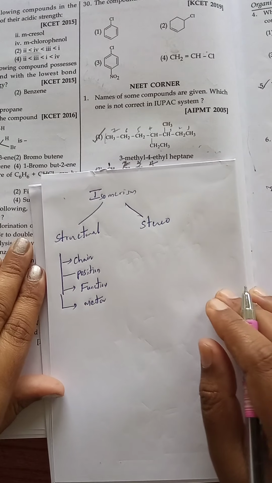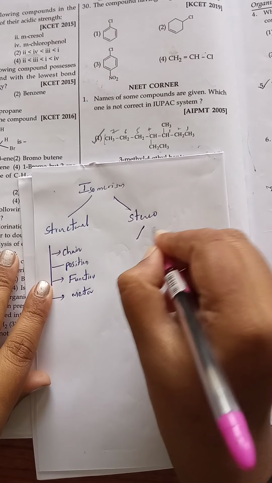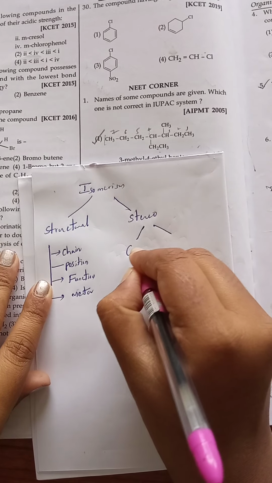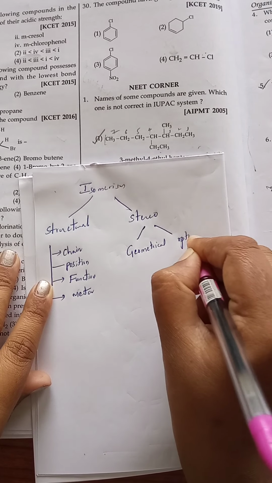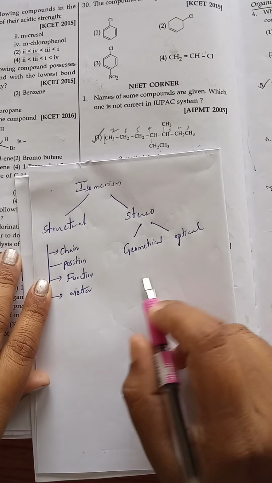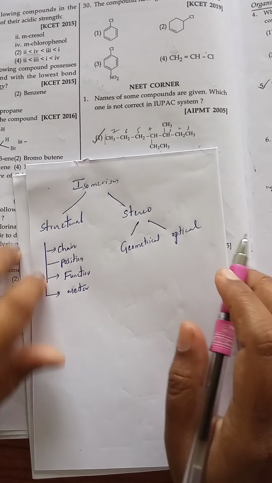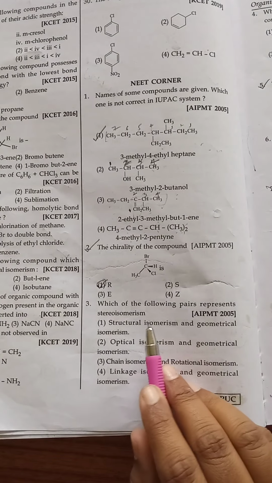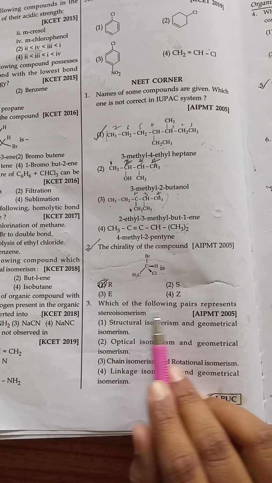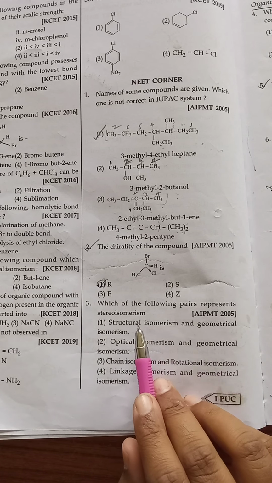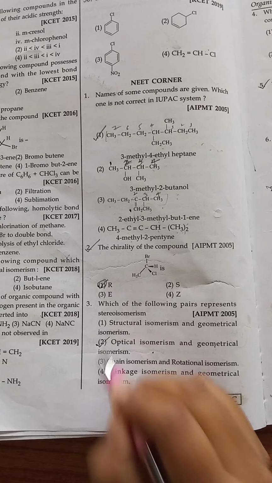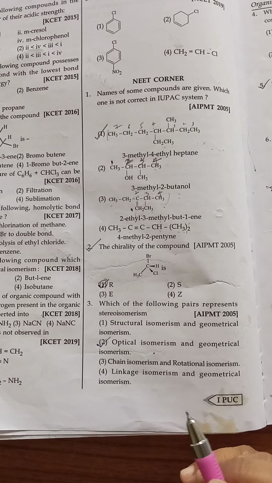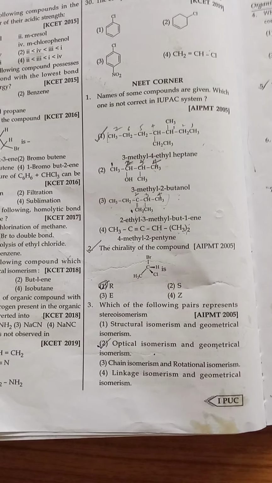Sometimes tautomerism is also included, but stereoisomerism is of only 2 types, that is geometrical isomerism and optical isomerism. These 2 come under stereoisomerism. Now they asked a question related to the stereoisomers. Which of the following pairs represents the stereoisomerism? Optical isomerism and geometrical isomerism come under stereoisomerism. That is what I have told you here. Okay, now we will see the next question.